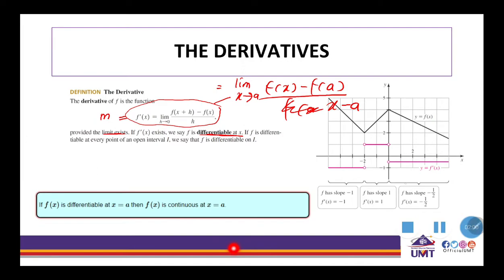So from this graph, it says here that f has slope at -1. Slope is equal to m, so the derivative value is -1. Same as this. Slope means m. m means f prime x. It is also similar for all three values here.